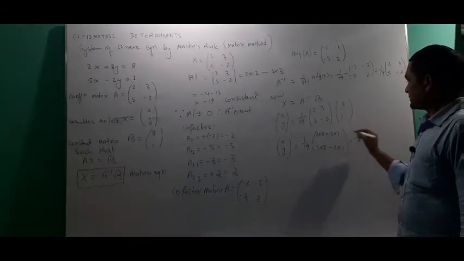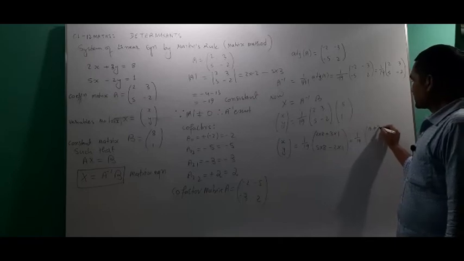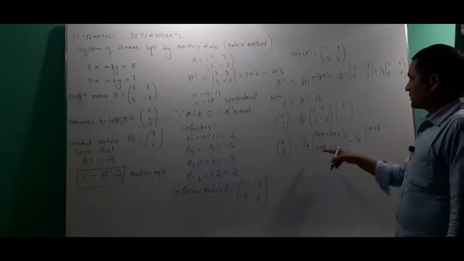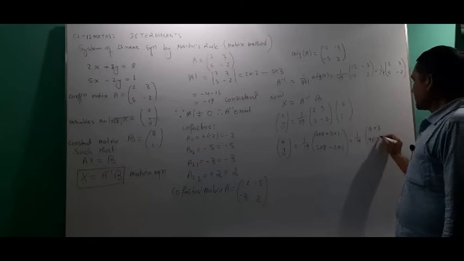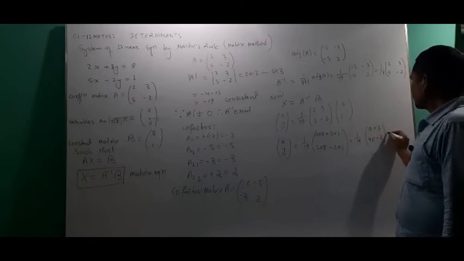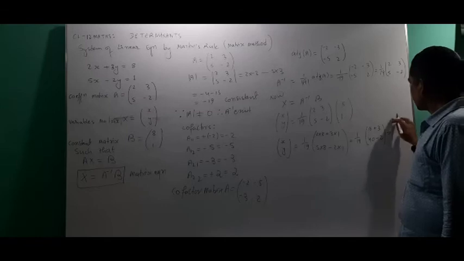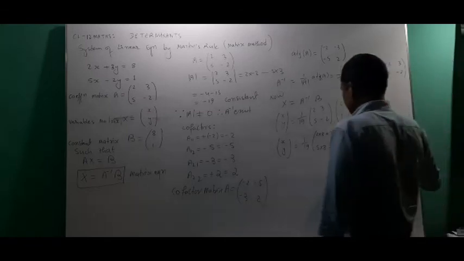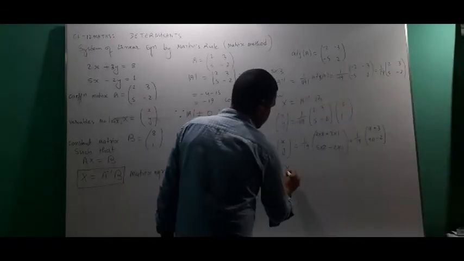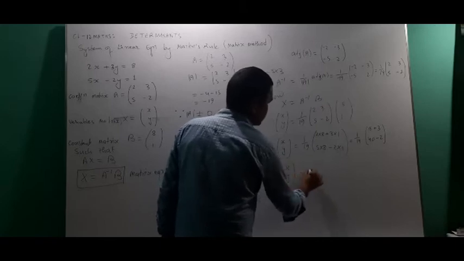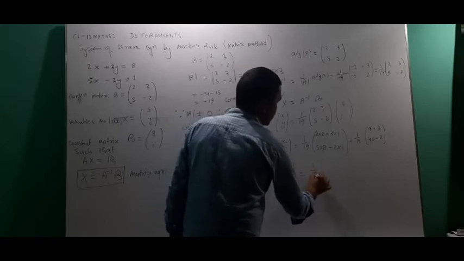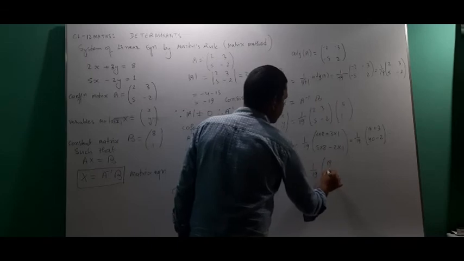Now simplify: this is 16 plus 3, then 5 8s are 40 minus 2. So XY equals 1 by 19, 19, 38.